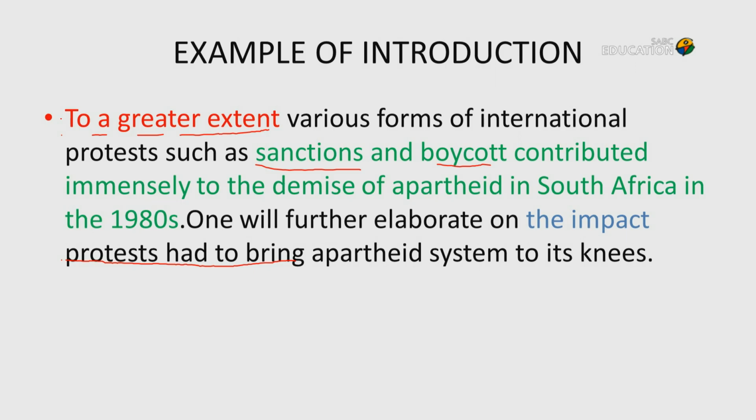Then I also explained how the essay is going to address it. The essay is going to be looking at the impact of the protest towards the demise of apartheid. Now, when you look at this introduction, you can see that 1, I have taken a stance. 2, I have indicated why I have taken that stance by giving evidence.